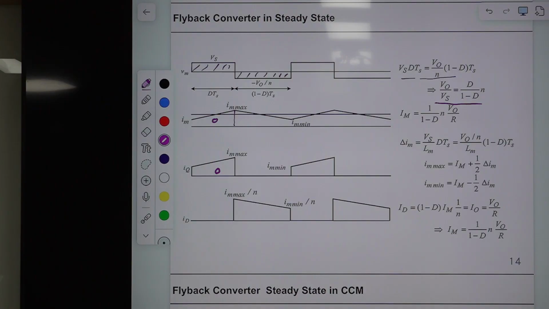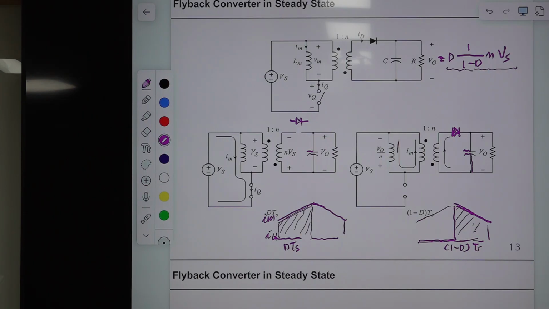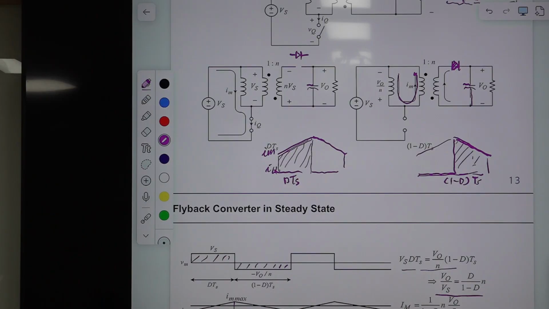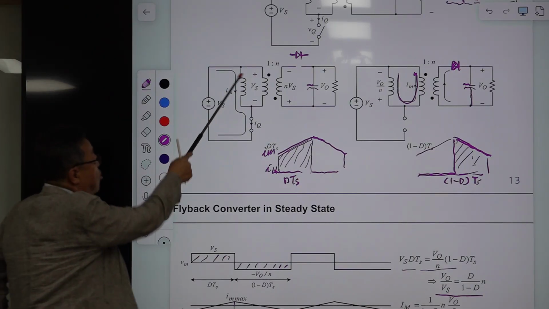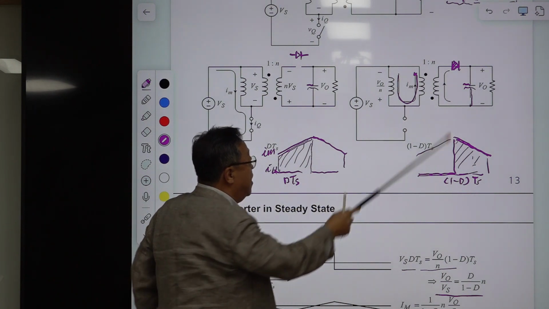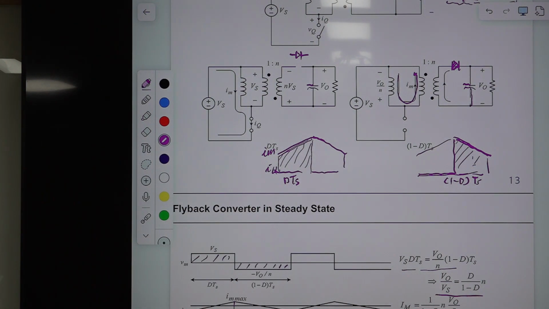This is the same as this. Okay, during the off-time period, this IM is circulating here like this, and decreasing. So then this current is deflected to here, and you have N. Then this ID current is IM divided by N, because of this turns ratio.